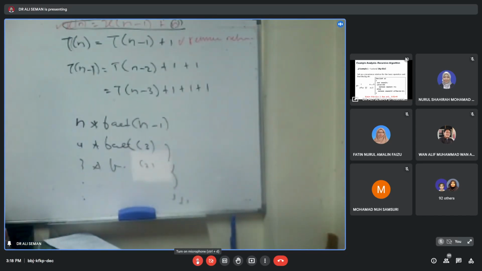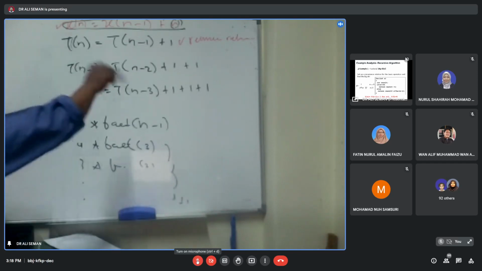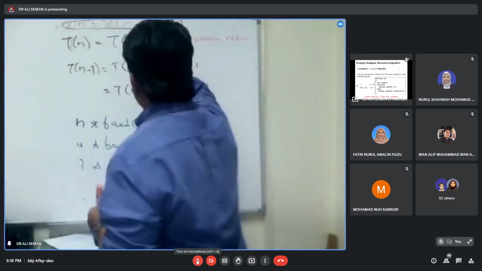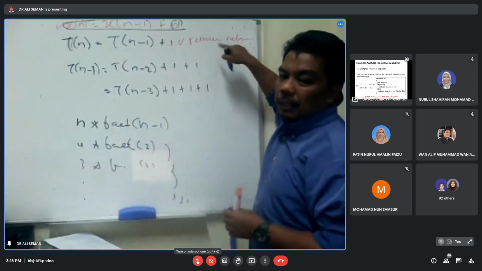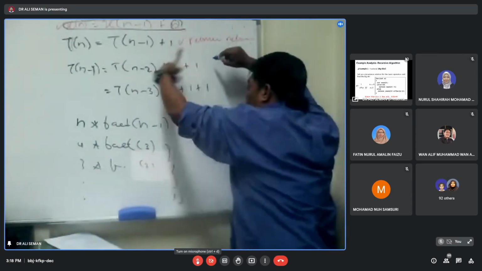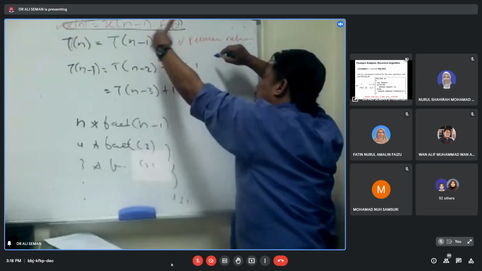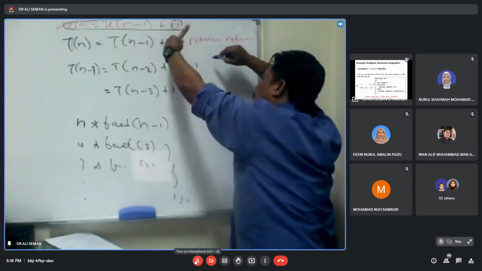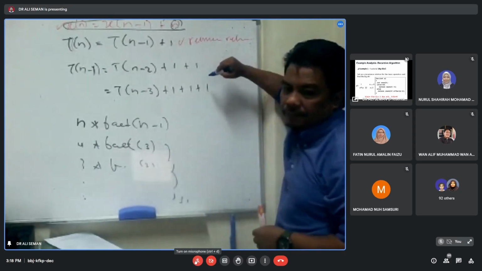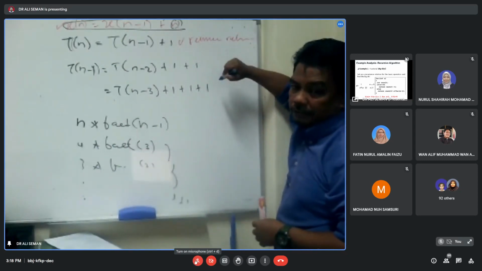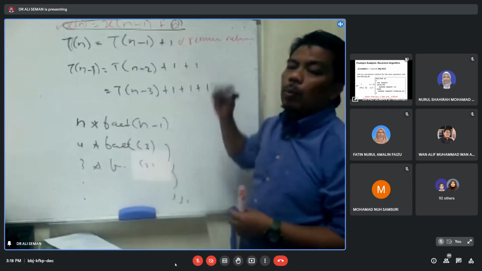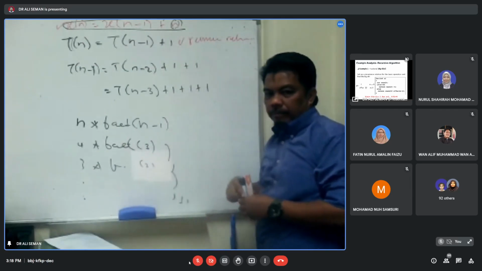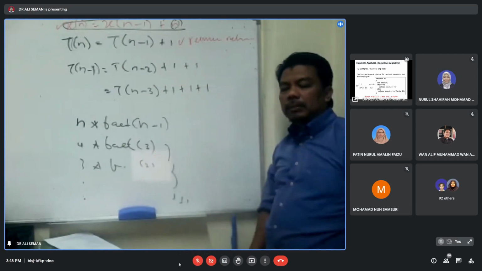That's why in the recurrence, it is T of n plus 1. Every time it reduces by 1, n minus 1, 1 by 1. So the process is basically 1 by 1, plus 1, plus 1, plus 1. Sometimes the repetition is based on n times, but this is only one time for this factorial.